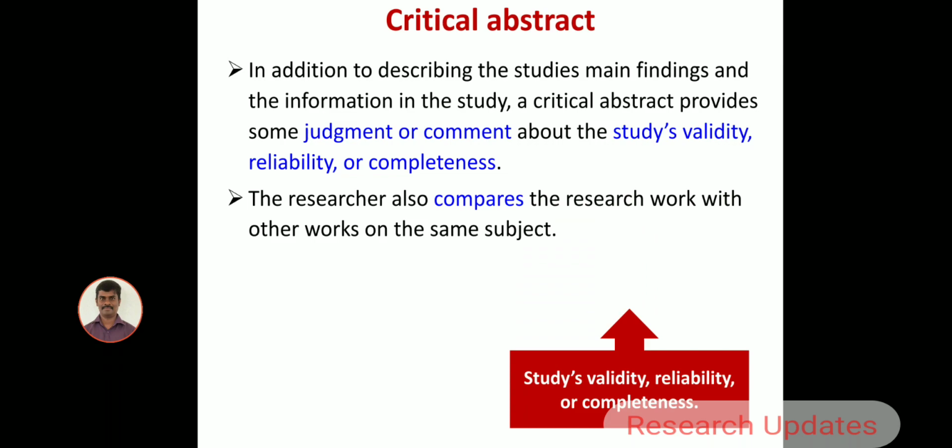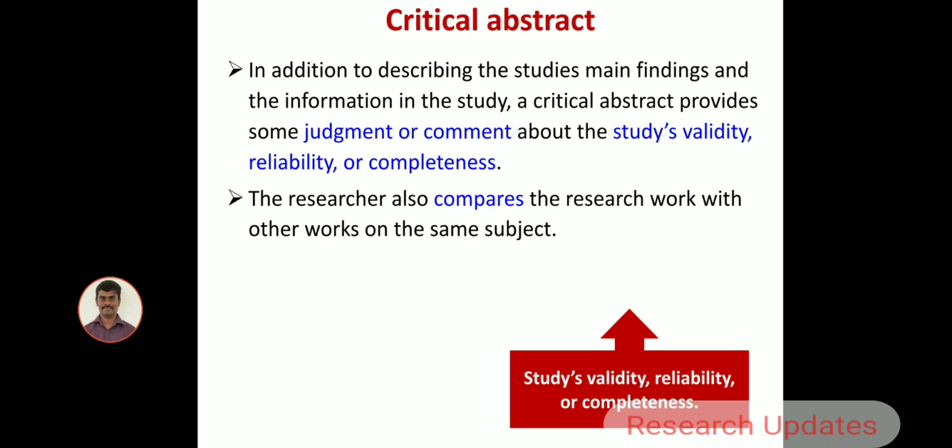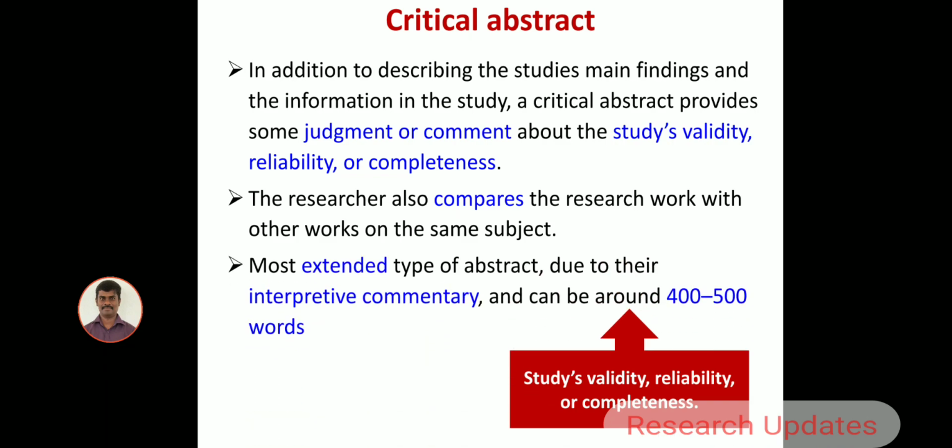The researcher also compares the research work with other works on the same subject. It is the most extended type of abstract due to its interpretative commentary, and it can be 400 to 500 words. So remember, a critical abstract gives you the study validity, reliability, and completeness.